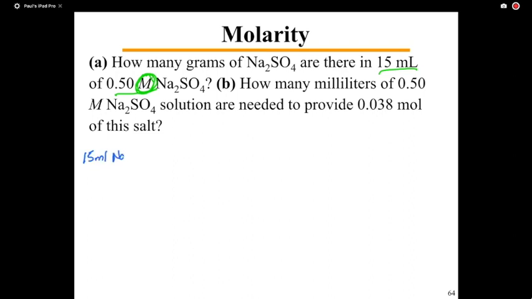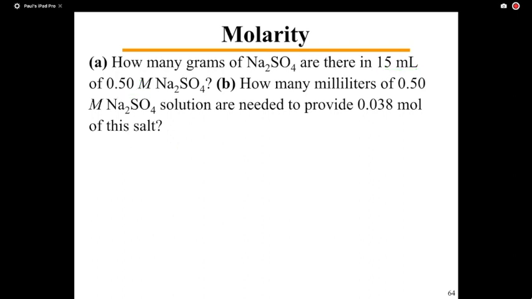And this is of sodium sulfate. Okay. Now, I need to go to grams. Okay, but to go to grams, the only thing I can relate grams to is moles, and I don't have moles, but I have a conversion factor that has moles per liter. So can I use milliliters in this calculation? No. What do you have to change milliliters into? You have to change milliliters into liters. Okay?